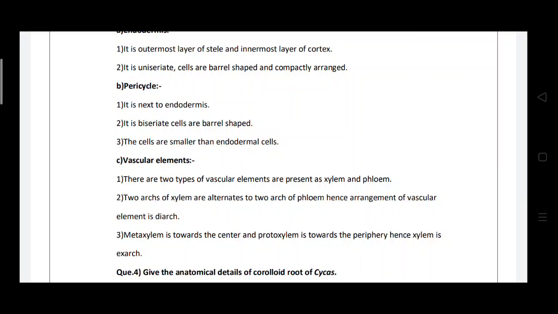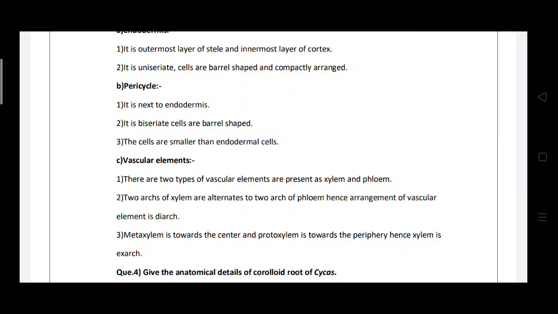That's why this arrangement of the vascular elements is called the diarch condition. In the xylem there are protoxylem and metaxylem. The metaxylem is present towards the center and the protoxylem towards the periphery. So the development of the xylem is from the periphery to the center, and that type of condition is called the exarch condition.